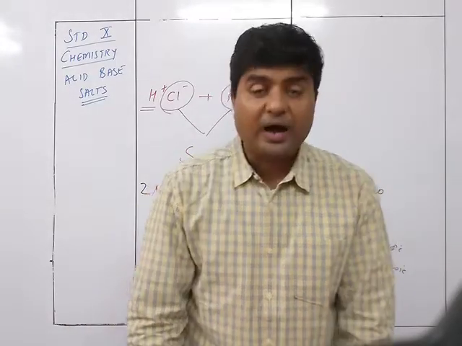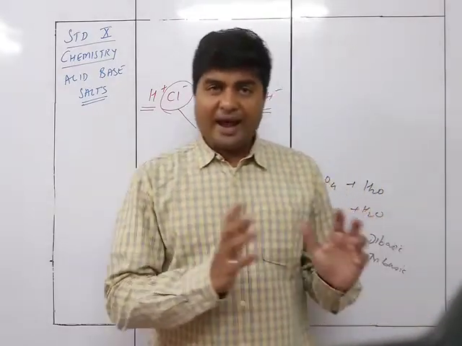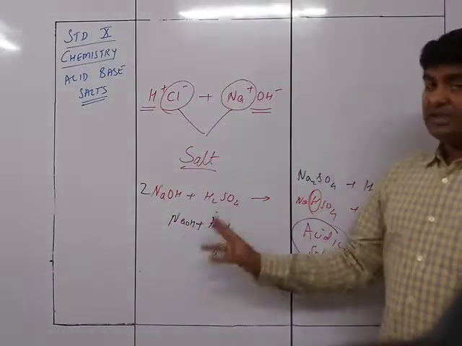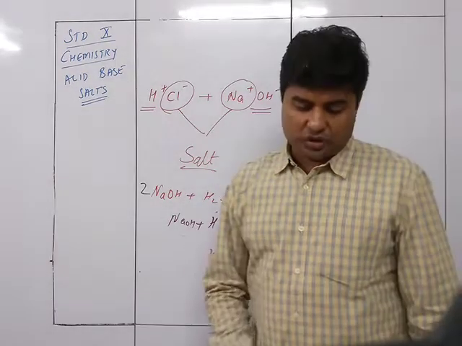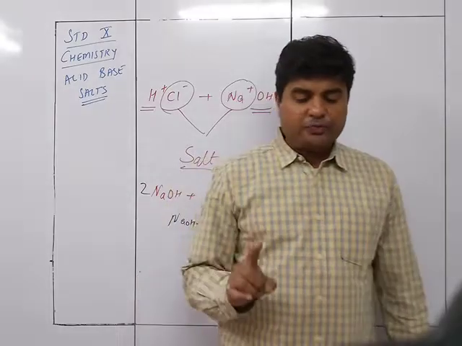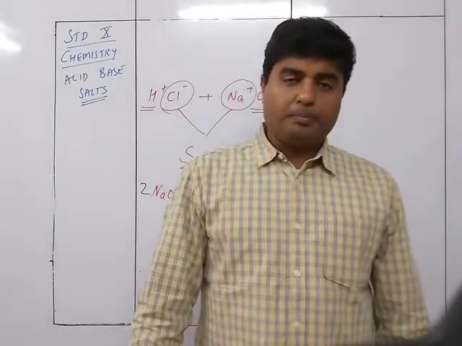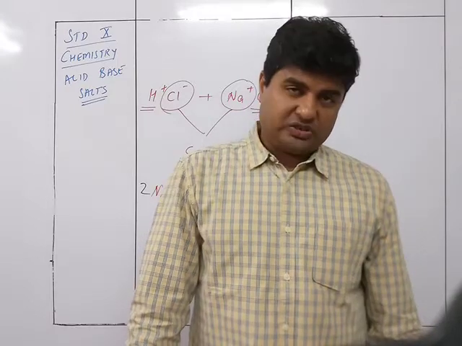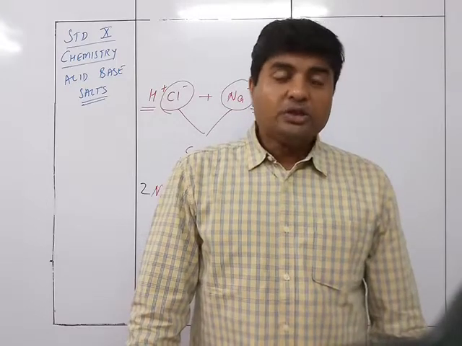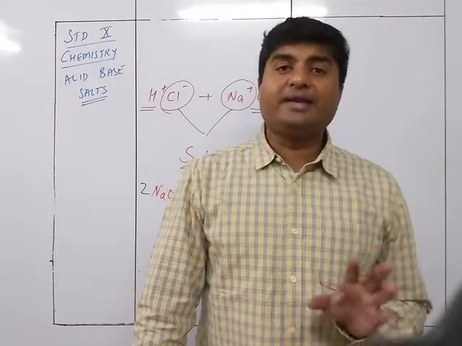Now there is another kind of salt. One we talked about is the acidic salt, which had H in it. Now we talk about the basic salt. Basic salts are formed by partial replacement of the hydroxyl radical of a diacidic or triacidic base.